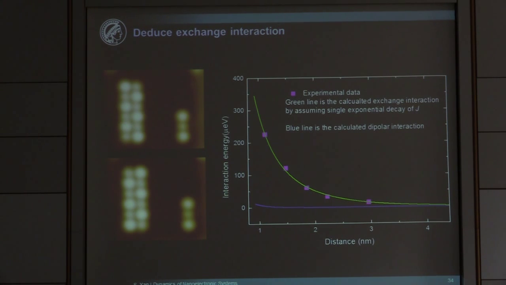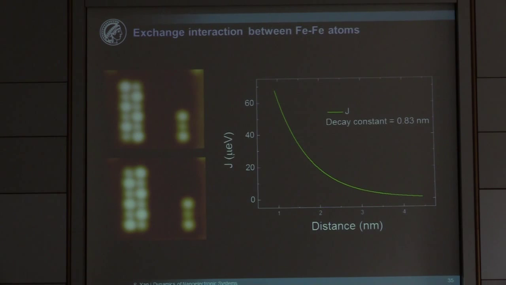The blue curve is the calculated dipole-dipole interaction, counting all these atoms' interactions. As you can see, the dipole-dipole interaction is still small. By fitting this data, we can get the exponential decay of the exchange interaction on this surface. I want to say the minimum distance we have is 1 nanometer, and then we can go to several nanometers.